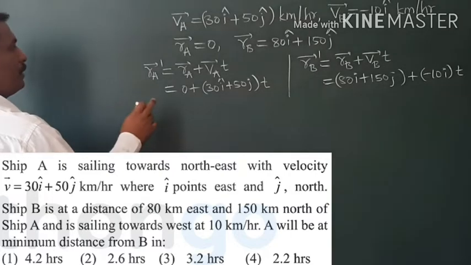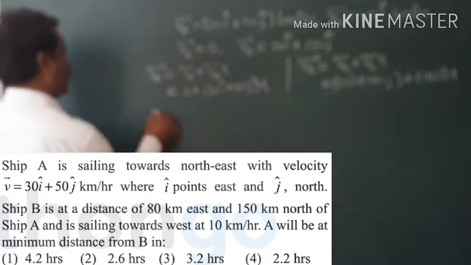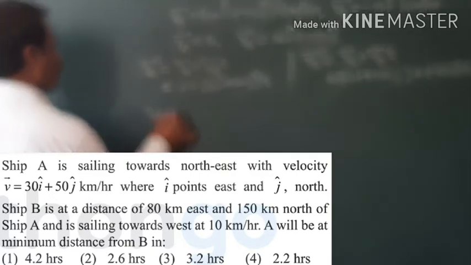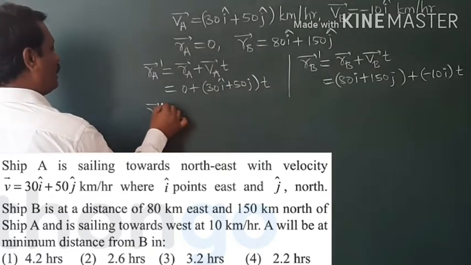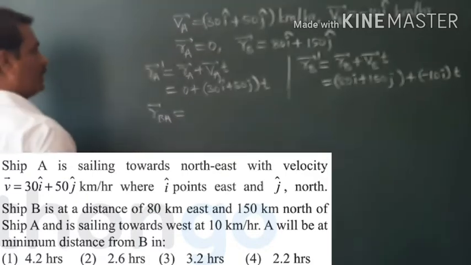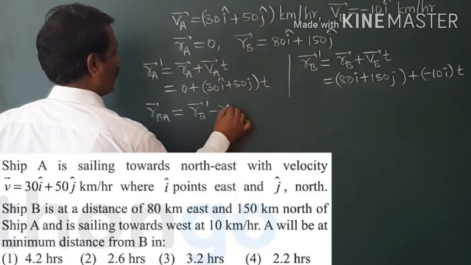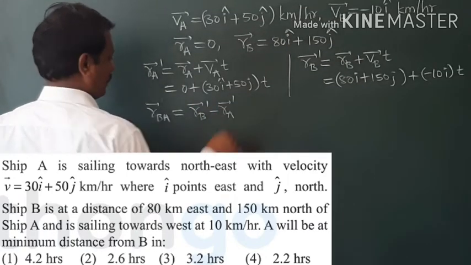Then what is the separation between ship B and A after t seconds? I will write the separation between ship B and A as RBA. So RBA is equal to RB dash minus RA dash.